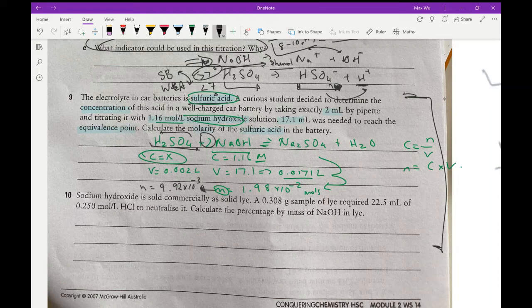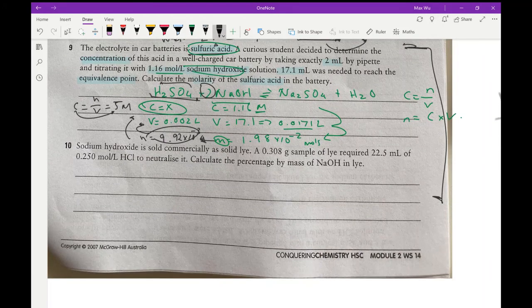Now simply we want to find the C. C is equal to n over V. We divide this by 0.002, and you should get 4.95. So we'll say it's equal to 5. And concentration units is molar, or moles per liter. So that's very quick.